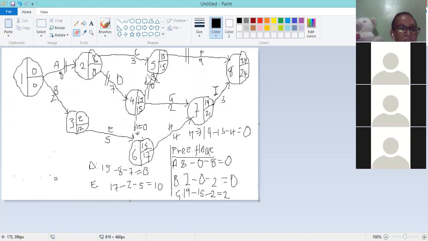So how do we go about our computations of the independent float? Just like the free float, independent float will behave in the same manner, but they are different, as you can hear from their definitions. So for independent float, for a critical activity, we cannot get any value other than 0. It's supposed to be 0 all the time.